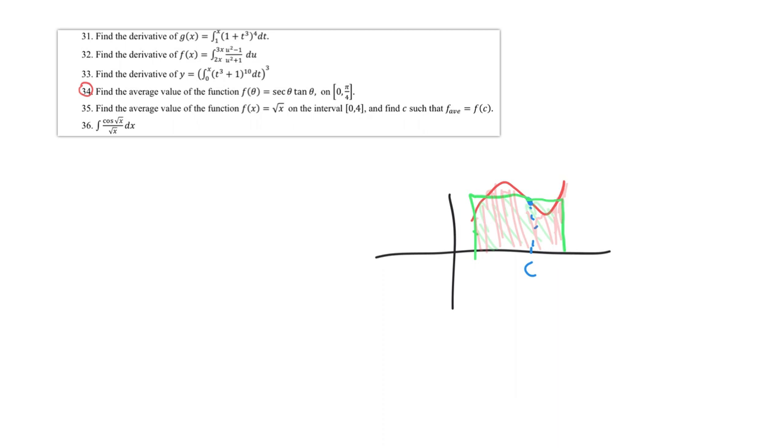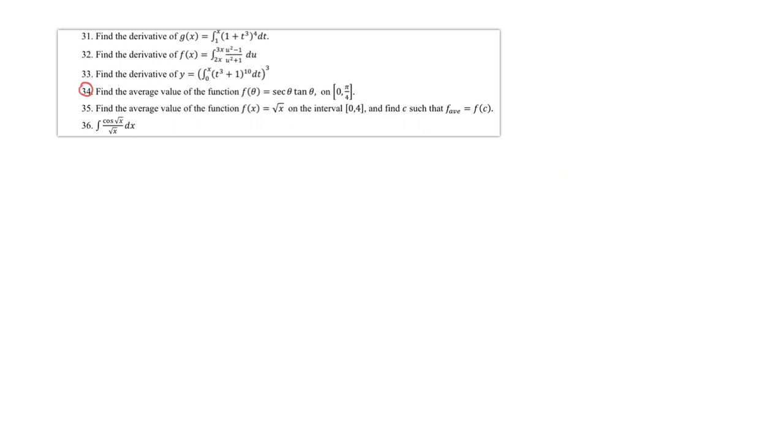So there's some value where the rectangle formed there, the height of the rectangle, would result in the area of the rectangle equaling the area under the curve. And what we're doing is we're finding that. The way to do that is really not that bad. It is kind of just a matter of remembering the structure of what you have to do.